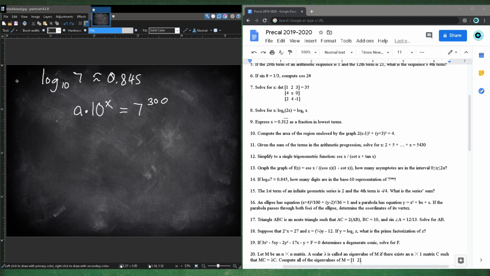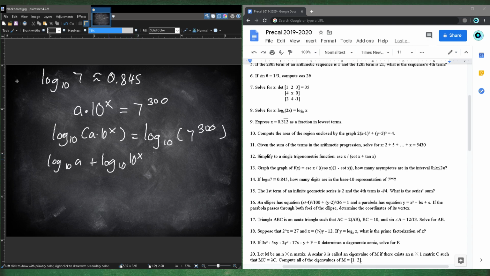So when you take the log of both sides, log 10 of a times 10 to the power of x equals log 10 of 7 to the power of 300. This is basically log 10 of a plus log 10 of 10 to the power of x, that's just log rules.